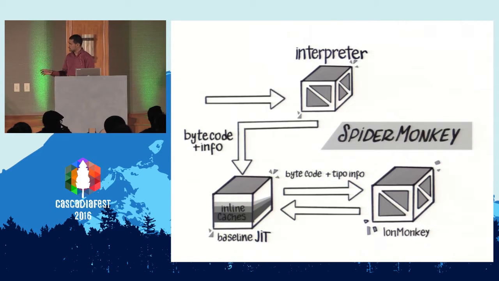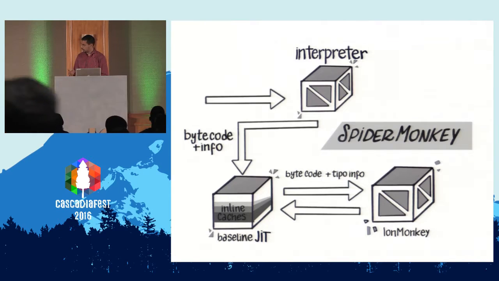After the number of times a function is executed goes over a certain threshold, it will then optimize it with the baseline JIT. After the number of times a function is executed goes over a second threshold, it will be categorized as potentially to be optimized with a really, really good optimization. And that's when IonMonkey kicks in.